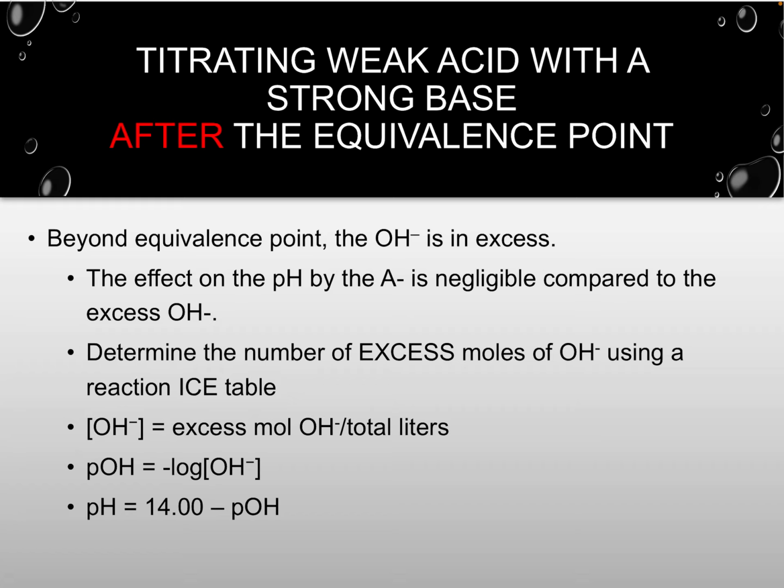Remember, the last one had times 10 to the minus 10. It's not producing very many hydroxide ions in solution, whereas the strong base is going to have a lot of hydroxide ions in solution. So we're just going to determine the number of excess moles of hydroxide, not total moles of hydroxide, but excess moles of hydroxide using a reaction ICE table, just like we did previously. And then we'll find that molarity, we'll find the pOH, and then convert it to pH.